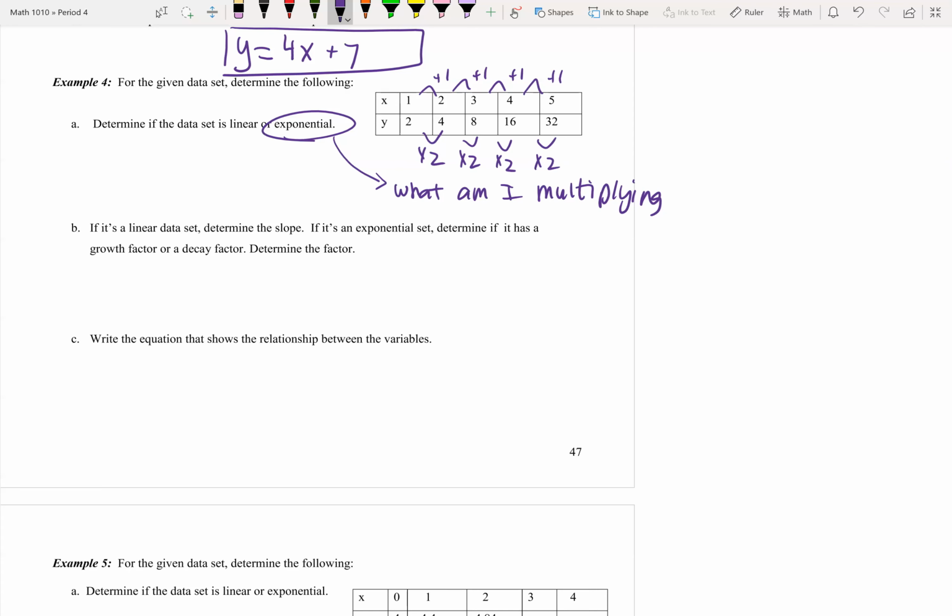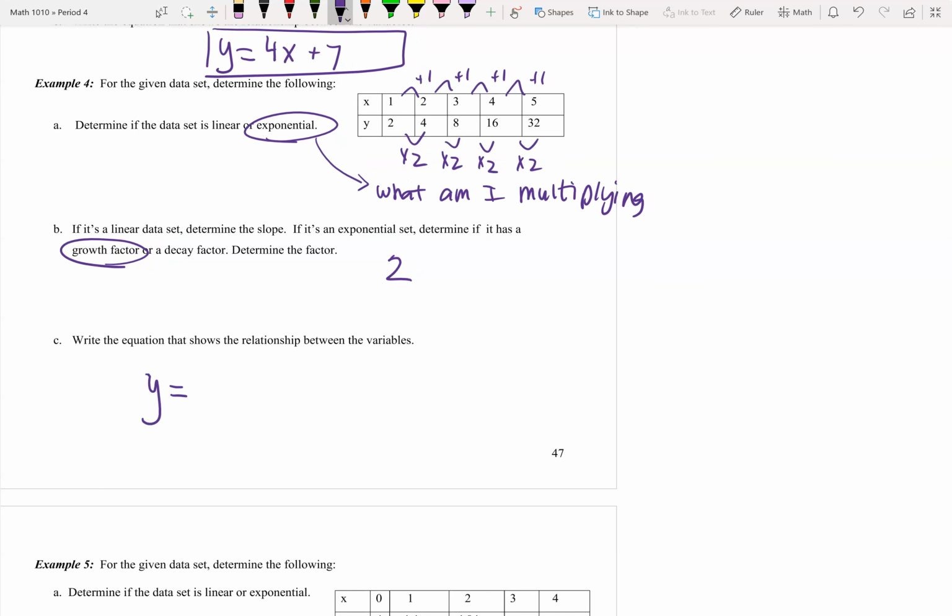Okay? So if it's exponential, determine if it has a growth factor or a decay factor. Guys, is ours a growth or is ours a decay? Growth. It's a growth because the y's are getting bigger, right? So it's a growth factor. What is the factor? It's a 2. Now, write an equation that shows the relationship between these variables. So it's going to be y equals. Your base is going to be a 2.